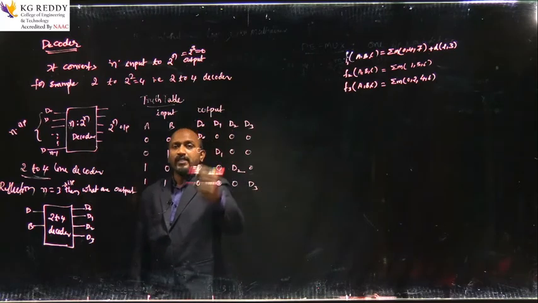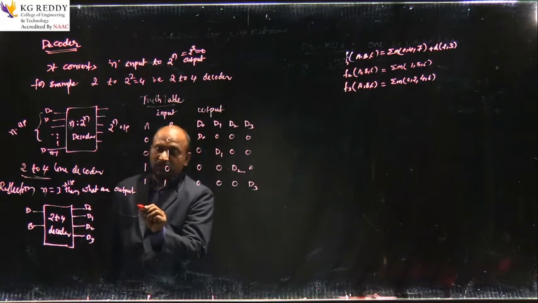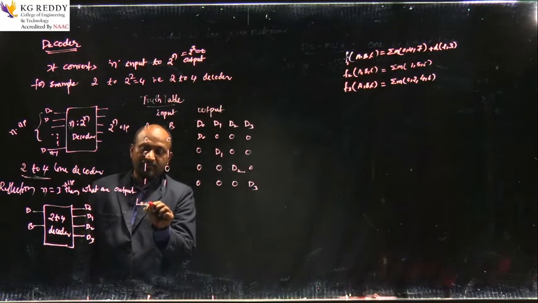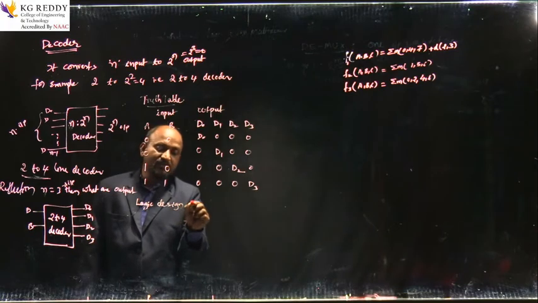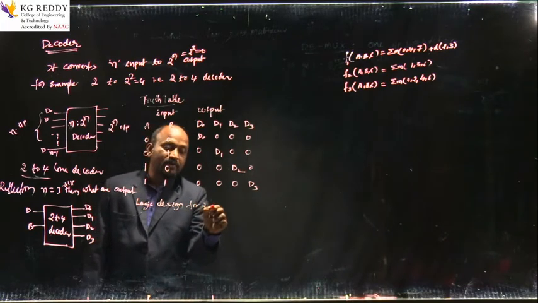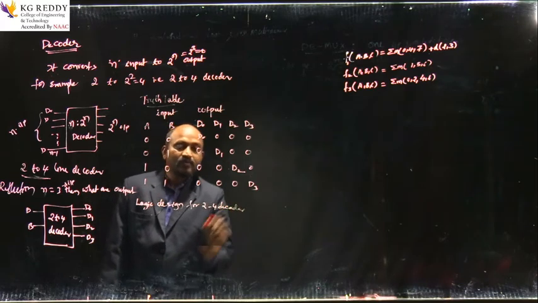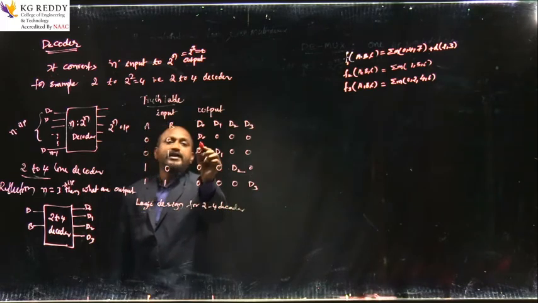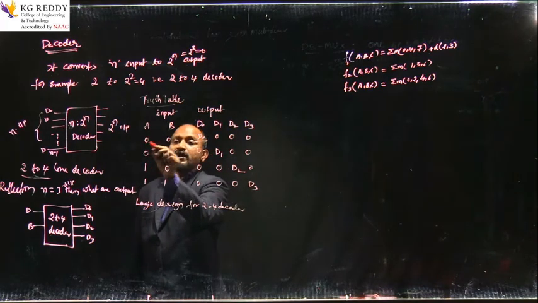So what is the circuit? What is the design logic? Logic design for the 2 to 4 decoder. We have seen that D0 is the output, which occurs when A bar and B bar.